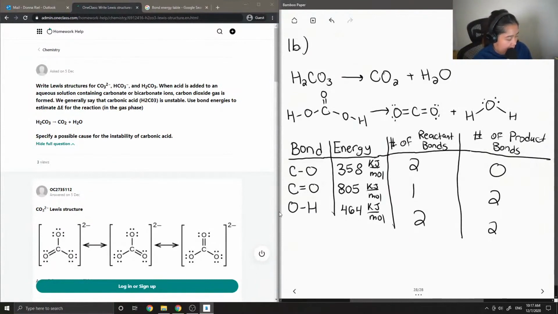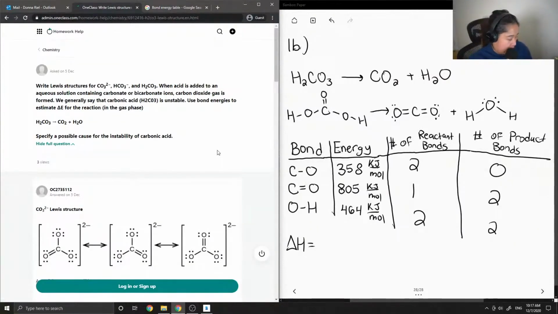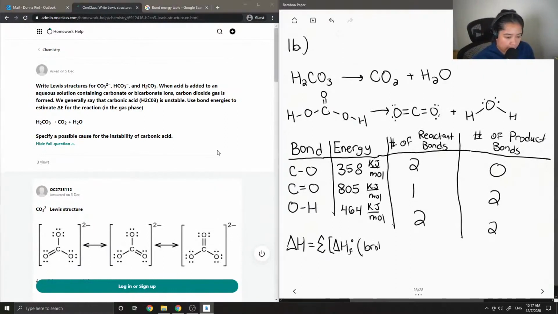So that just means delta energy, but I can also denote it as delta H. Yeah, I'll just use delta H. So delta H is equal to the sum of your delta H of formation of all of the broken bonds, so all the bonds that need to be broken are from our reactants, so from the carbonic acid.